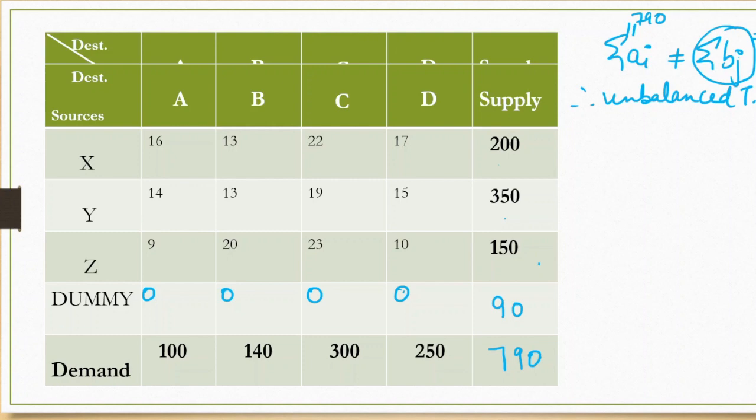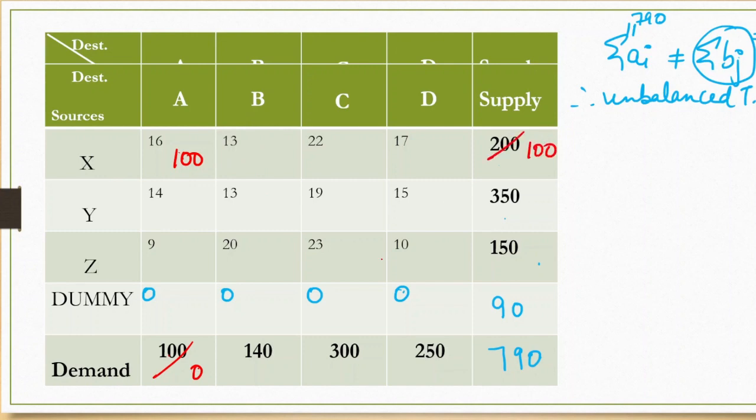So in this case, let us consider starting with the left hand side, 100 and 200, the minimum is 100. So I'll be allocating 100 units here from X to A. So this becomes 0. So I'll be moving on to the next destination B. For X, it would be 140, and this becomes 100.